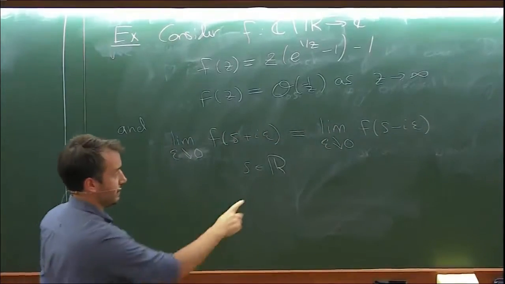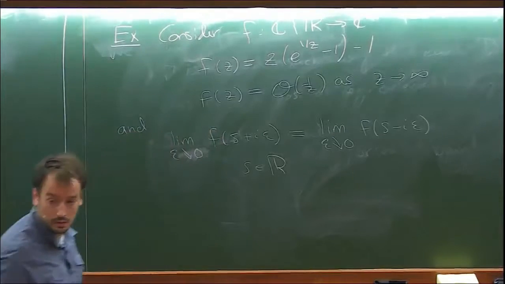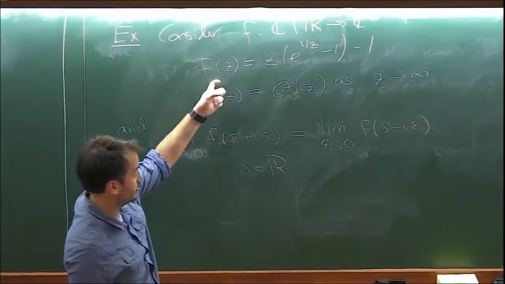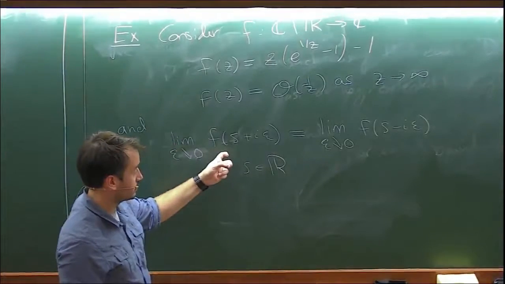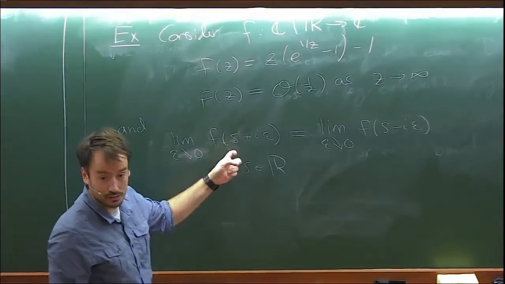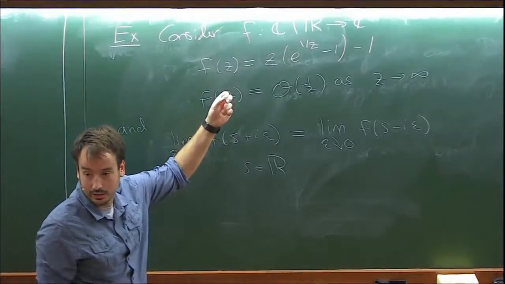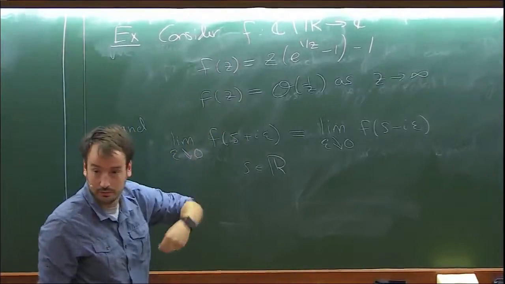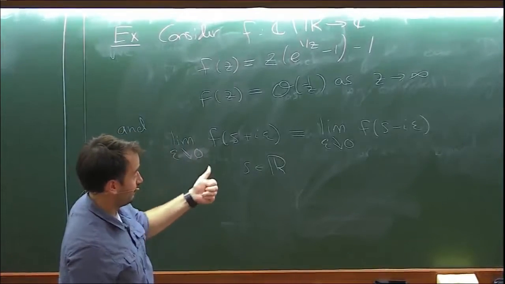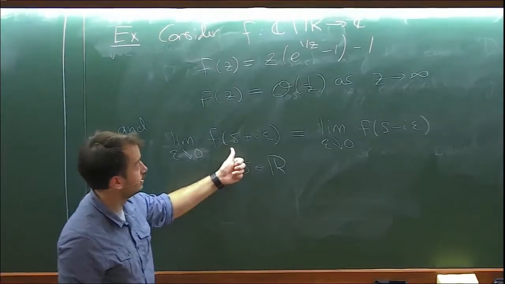So now this is the boundary value from below. It should be clear that this being true is obvious for s not 0. It's an analytic function with an isolated singularity at 0, so the boundary values from above and below have to be the same. The only thing left to check is s equals 0.